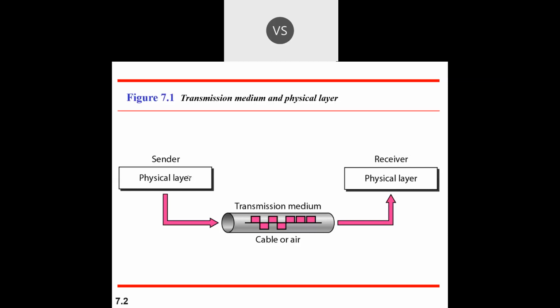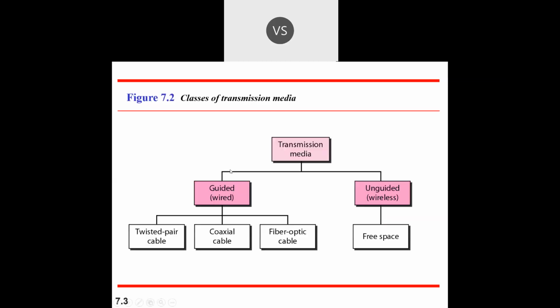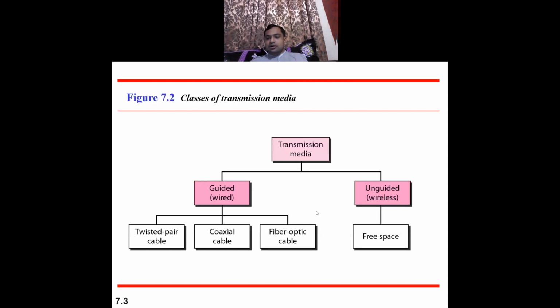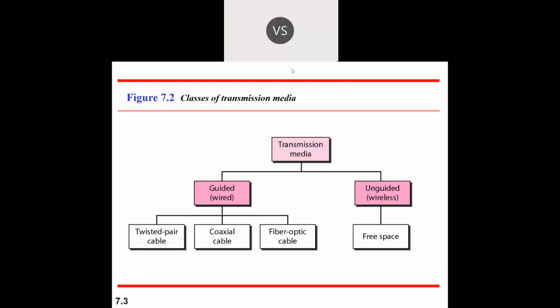So depending on the types of cabling, there are two basic divisions. First is guided media, another is unguided media. So what is guided media and what is unguided media? Guided media is considered a wired connection and unguided media is a wireless connection. Under the wired connection, what do we have?